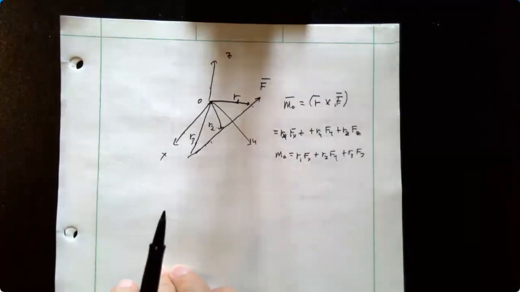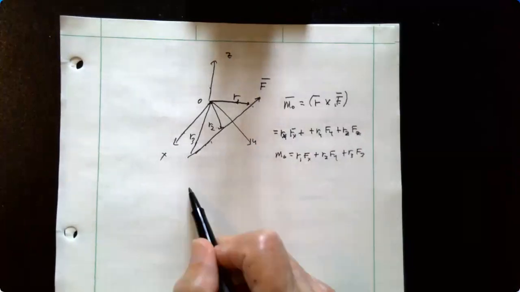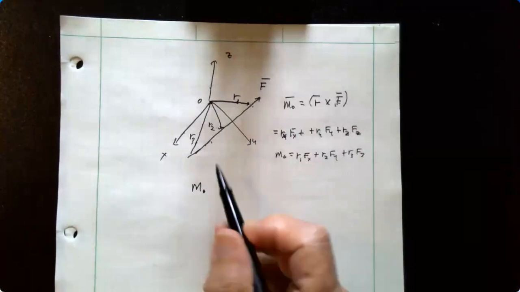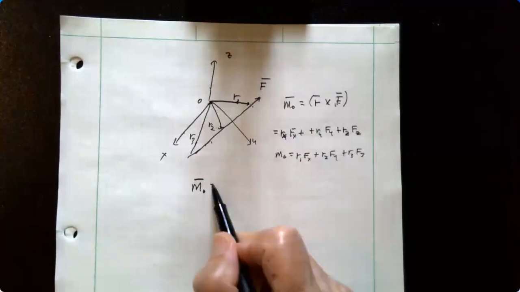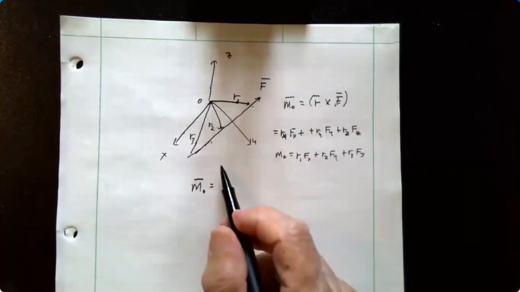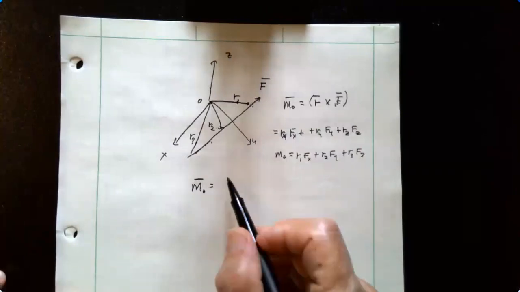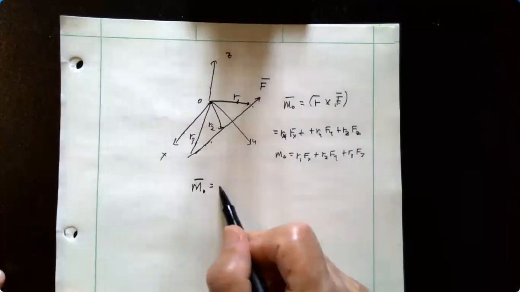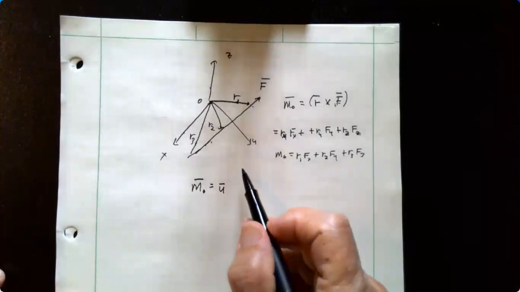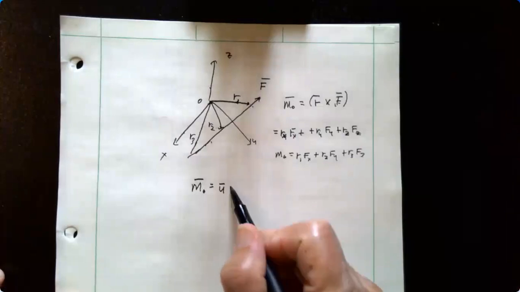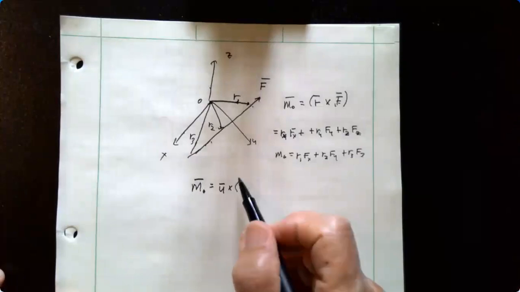So the way we're going to write this, the moment about the origin, is going to be a unit vector times this R cross F.